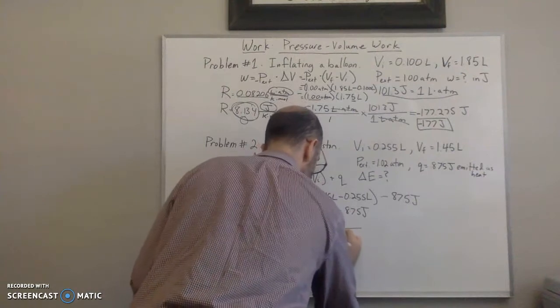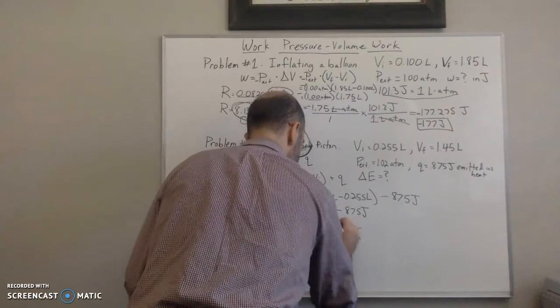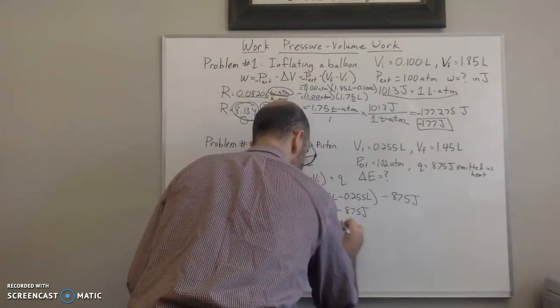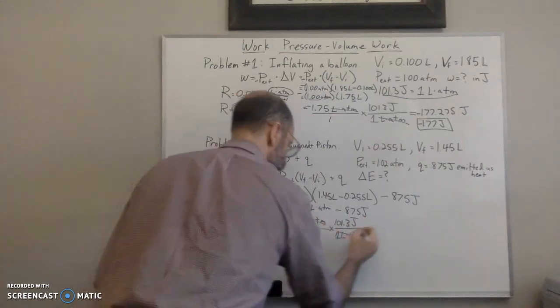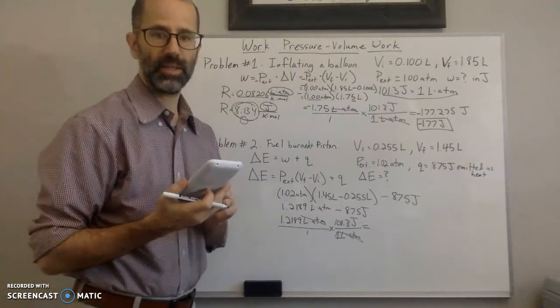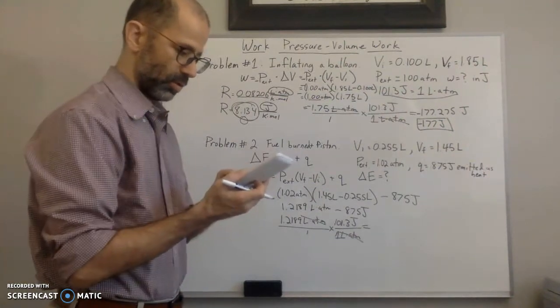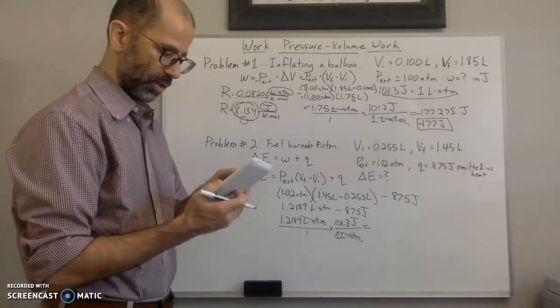So 1 liter atmosphere on the bottom, 101.3 joules on top. Liter atmospheres cancels out. And we're going to multiply by 101.3 times.